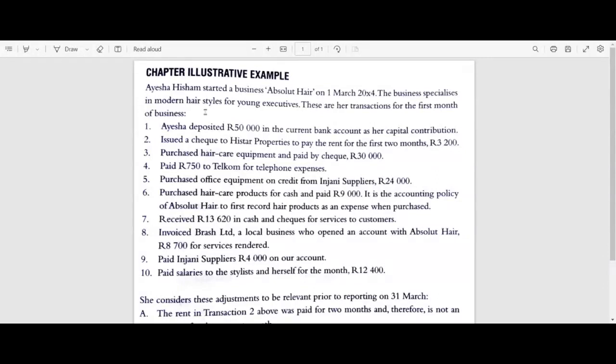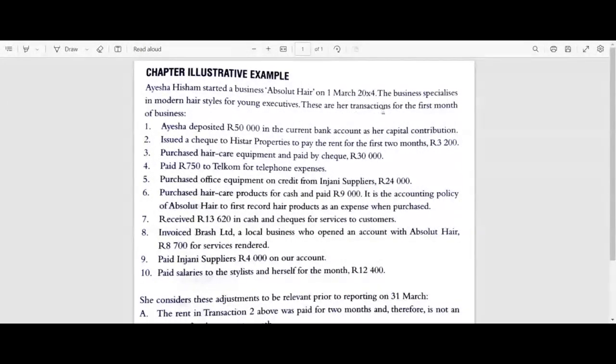They say Ayesha Hisham started a business and she calls it Absolute Hair on the 1st of March 2014 or 2024. That X you can put in any figure there. Let's just say 2004 to make it easy for ourselves. The business specializes in modern hairstyles for young executives.